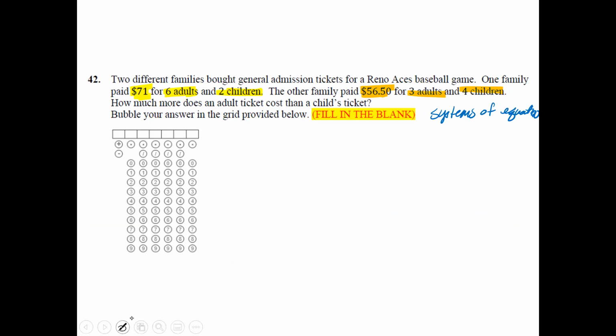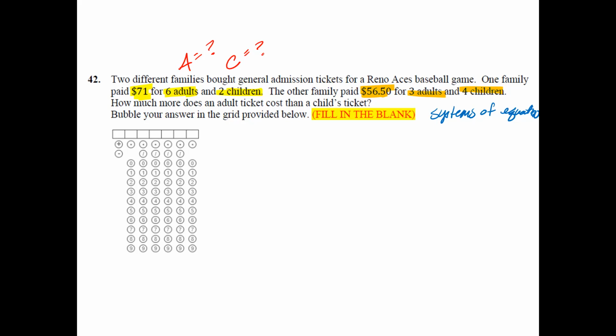And the first thing that I'm going to do is, children's ticket is going to be C, adult ticket is going to be A. And our goal here is to figure out how much is the adult ticket and how much is the children's ticket. Normally adult tickets are generally more expensive than kids tickets, so I'm kind of expecting A to be a little bit bigger than C.